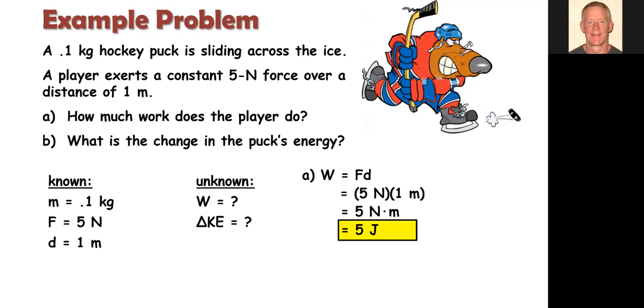Now, assuming the hockey puck was at rest, right, before he hit it, how much did we increase its kinetic energy, right? We now have set it into motion. Well, the work energy theorem says that the amount of work is the same as the change in the energy. So if we did 5 joules worth of work, the kinetic energy also increased by 5 joules.